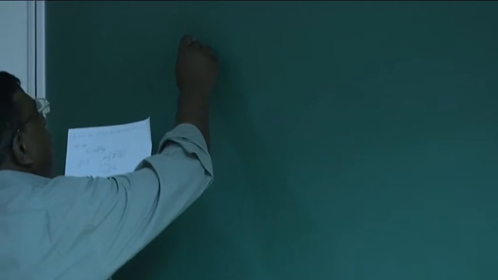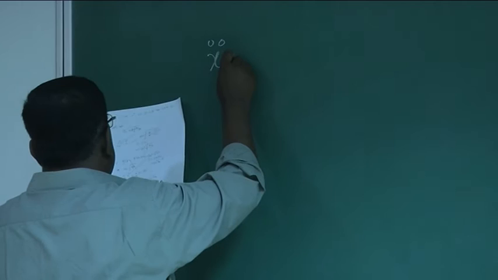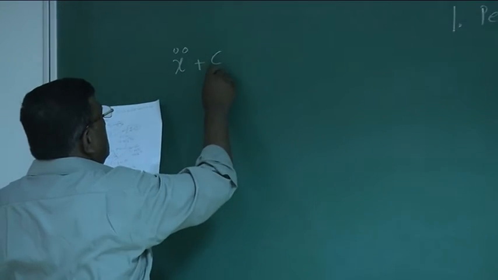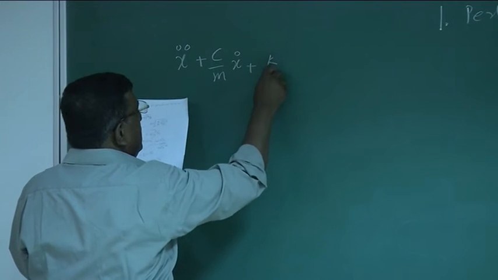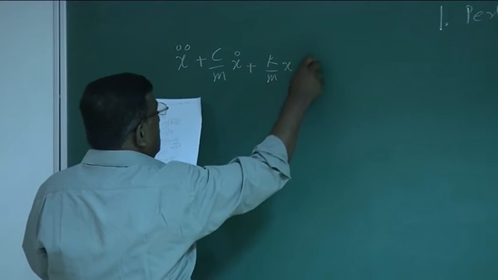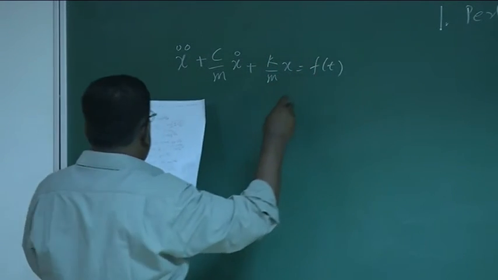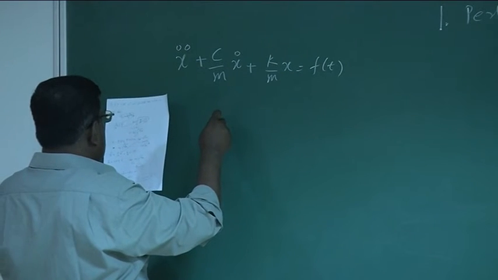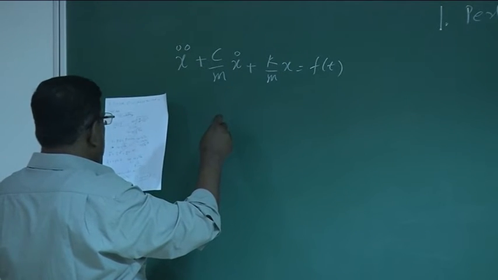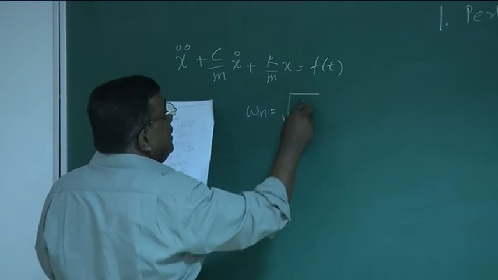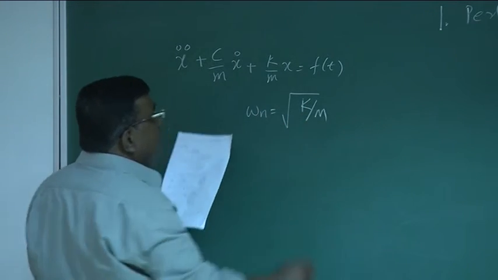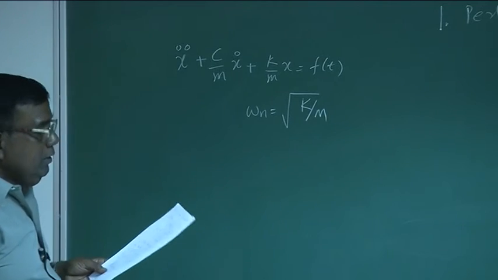So let's say we have the equation x double dot, which is d square x by dt square, plus c by m x dot plus k by m x equal to f of t. And let's say we know omega n equal to under root k by m, which is the natural frequency, the frequency with damping 0.